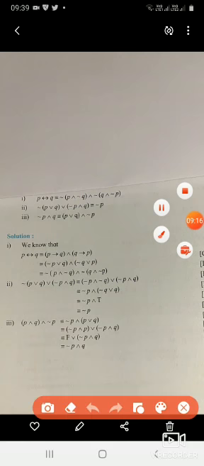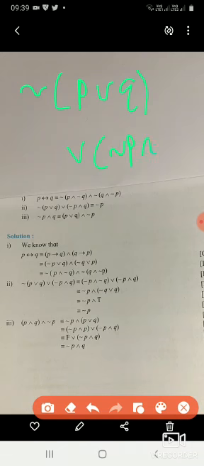Now see the next sum, second sum. In the second sum, listen, see the left hand side: negation of P or Q, or negation of P and Q. These two are there.